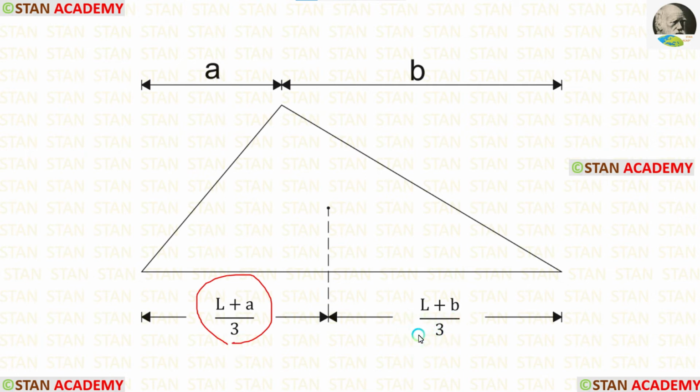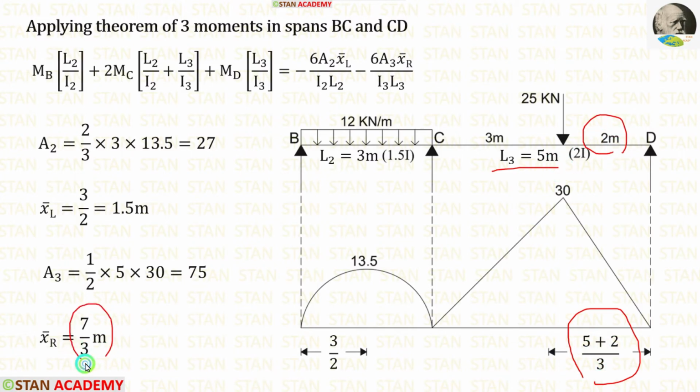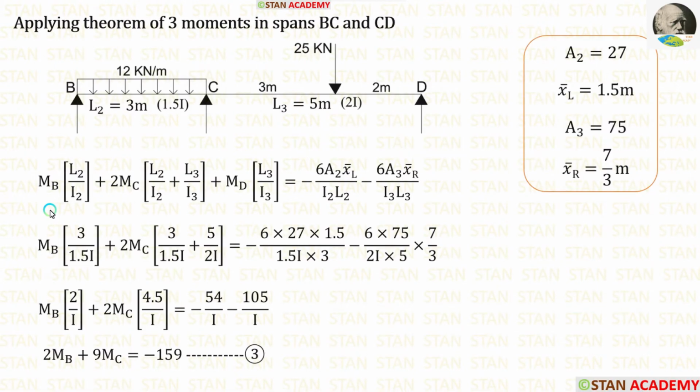The centroid distance on the right side is L plus B upon 3. We are calculating the centroid on the right side. So the formula is L plus B upon 3. Here L is 5, B is 2. When we apply in the formula, we are getting 7 upon 3.